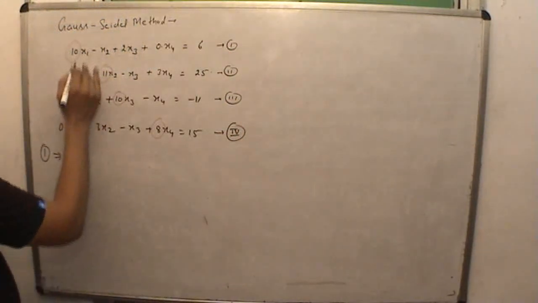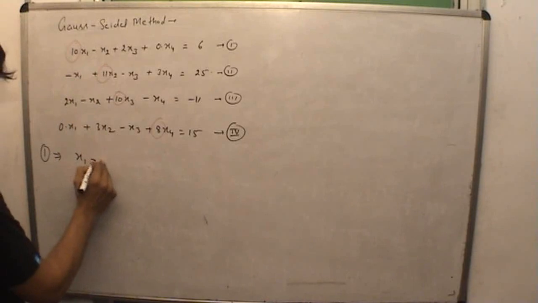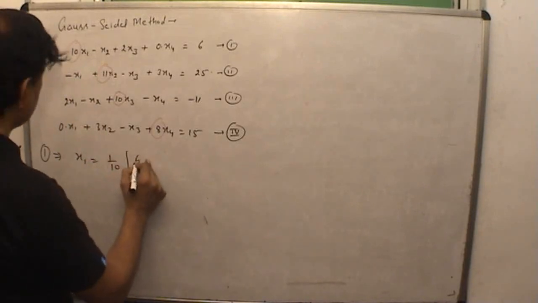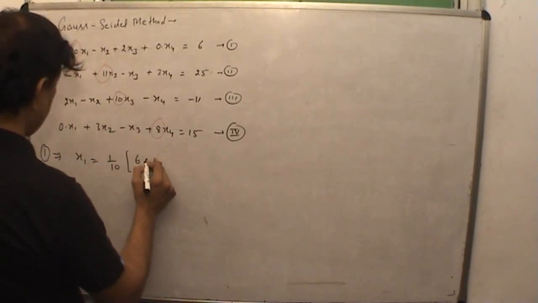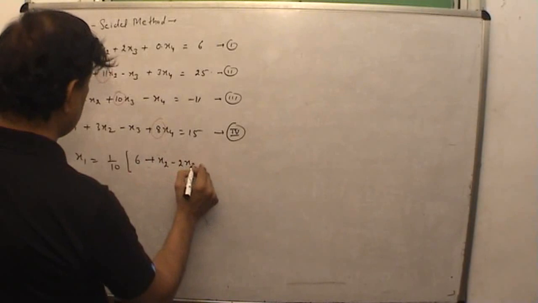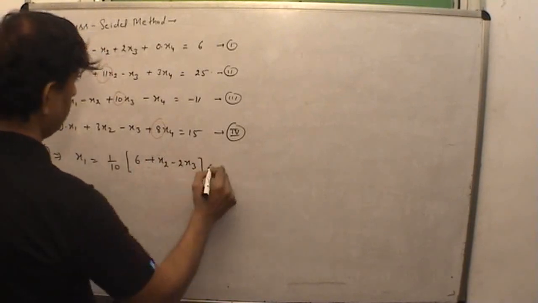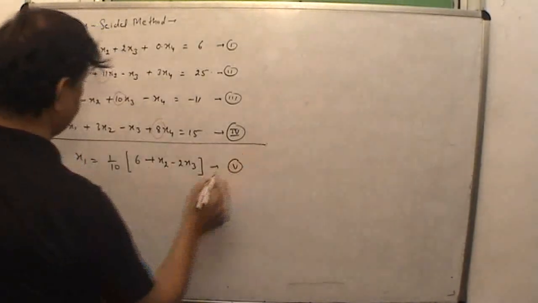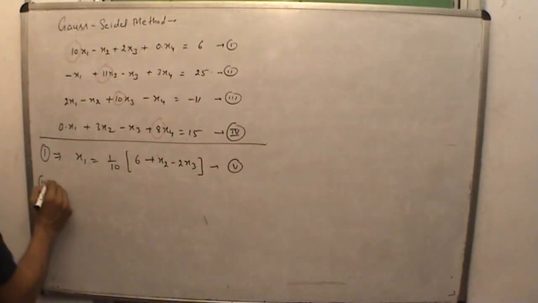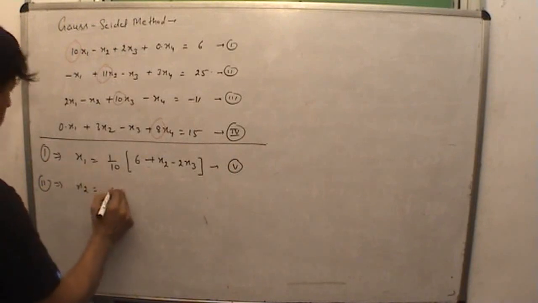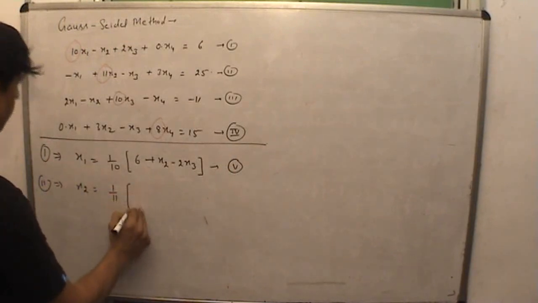From 1, we calculate x1. x1 is equal to 1 by 10 into 6 plus x2 minus 2x3. Take it as number 5. Then from 2 we calculate x2 is equal to 1 by 11.